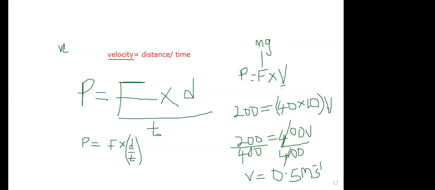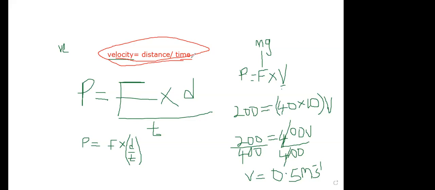I want you to look closely here, Van. I started with asking people what they know about velocity. And we had it that velocity can be got from distance over time. Our question gave us power and mass, and it was asking us for the average velocity.